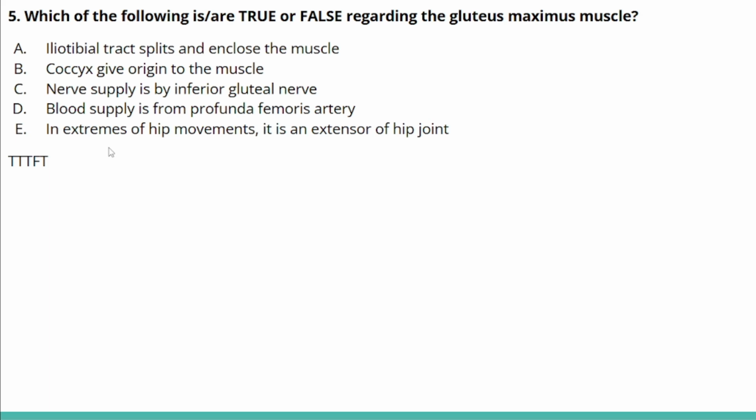Answer E. In extremes of hip movements, it's an extensor of the hip joint. This is true. I think we discussed this answer in the first question. To avoid exhausting you, I will stop at this question number 5, and the rest of the questions I will continue to discuss from quiz number 3.